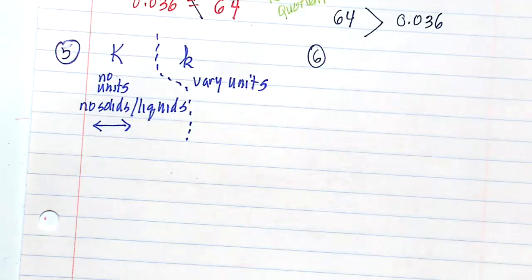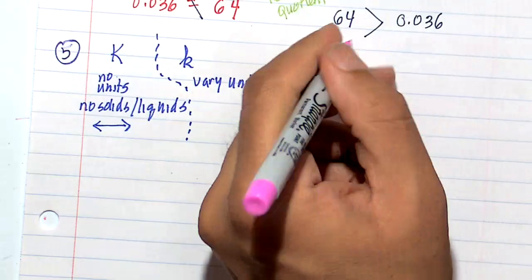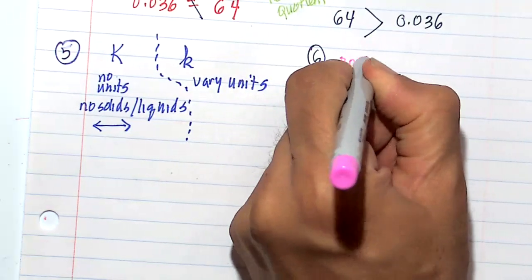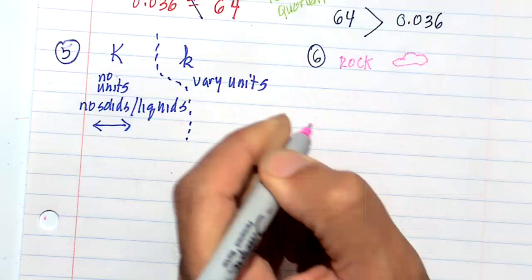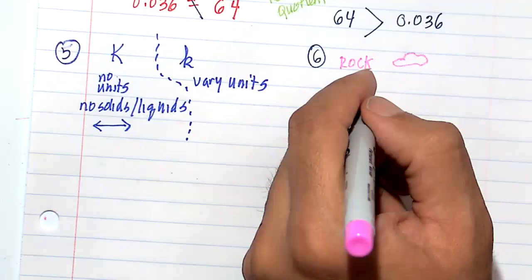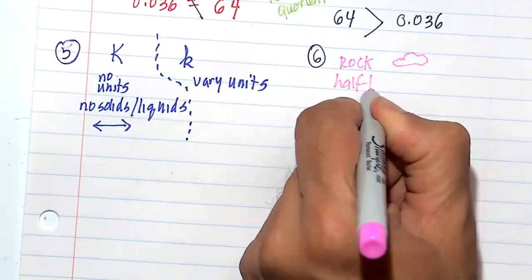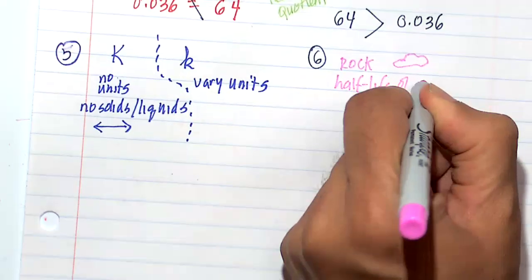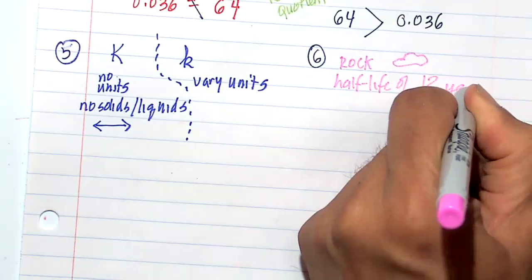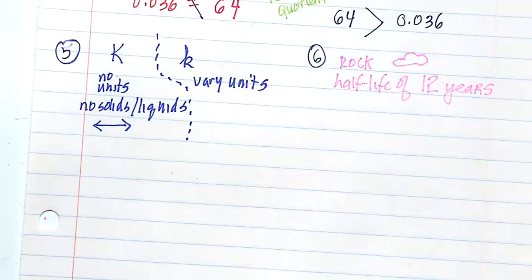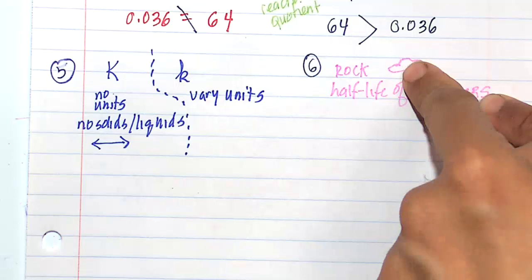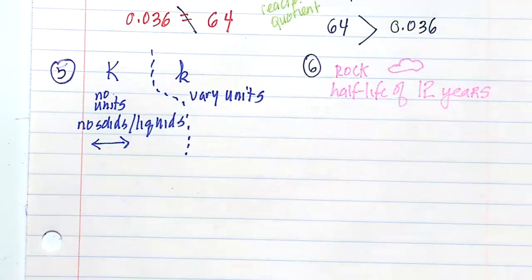Okay, let's say I have a rock. Let me draw a rock here. And I have a rock that has a half-life of 12 years. So it's a half-life of 12 years, which means after 12 years, how much of that rock will remain?